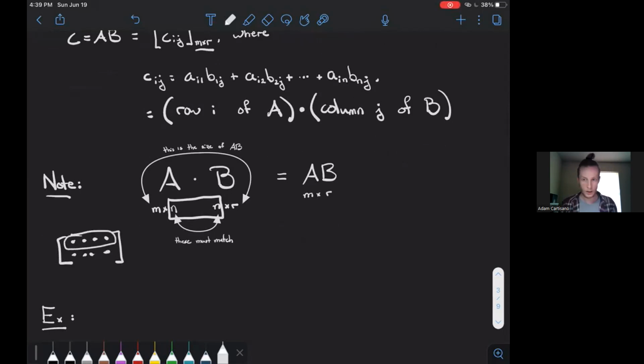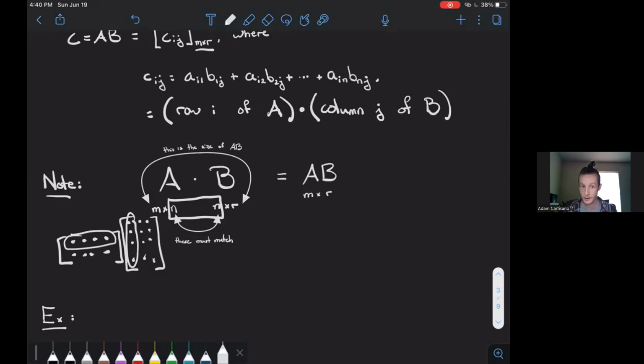For you to take a dot product with a column of B, the number of entries in that column must be the same as the number of entries in the row of A. What that means is that the number of columns in matrix A has to be the same as the number of rows in matrix B in order for this to even be defined. If these numbers don't match up, the product of those two matrices is simply not defined.